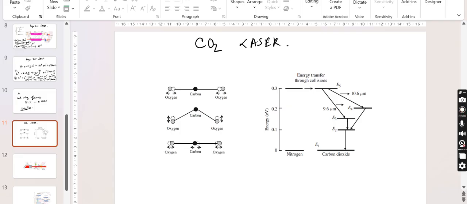In the carbon dioxide laser, one uses the transition occurring between different vibrational states of the carbon dioxide molecule.